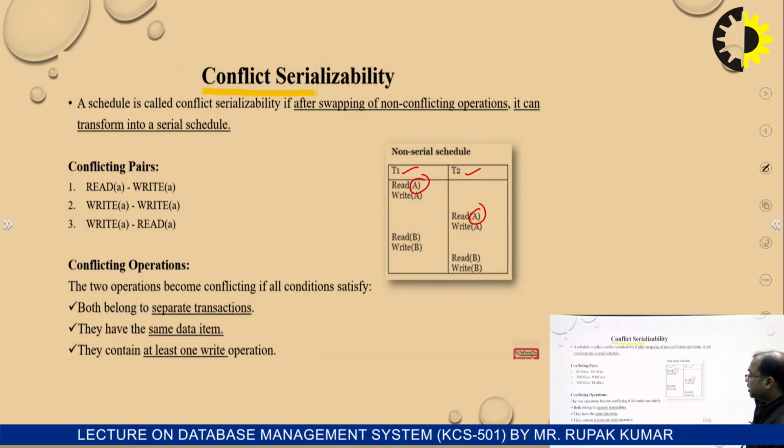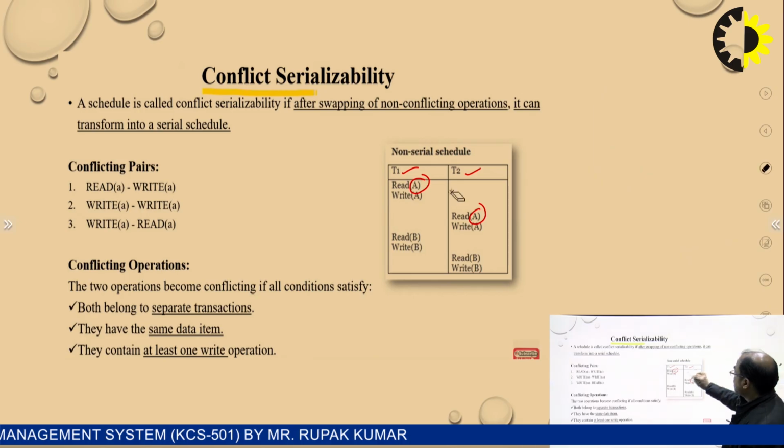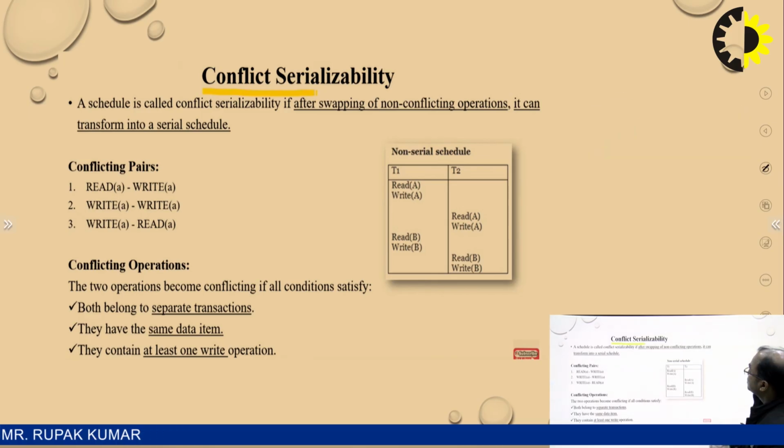And next, they contain at least one write operation. So there must be at least one write operation. Then only can we say this is conflict serializable. Clear?